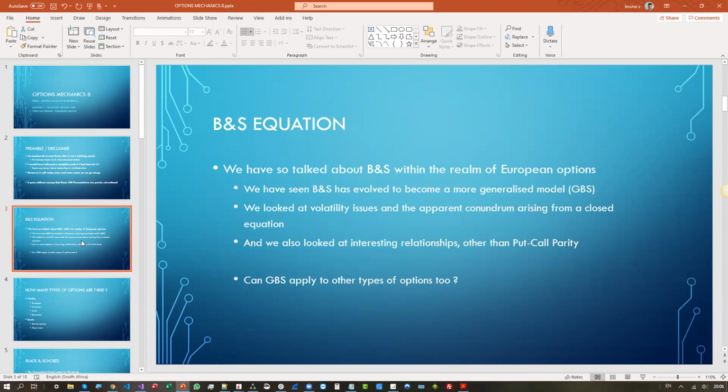I'm not sure about the pronunciation, but that's the one used in TOS. I have already mentioned Bjerksund-Stensland in the past as being in the same family of options modeling, because it's merely an extension of Black and Scholes, and it does work better for American options.